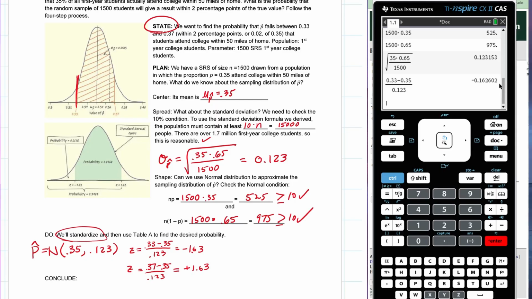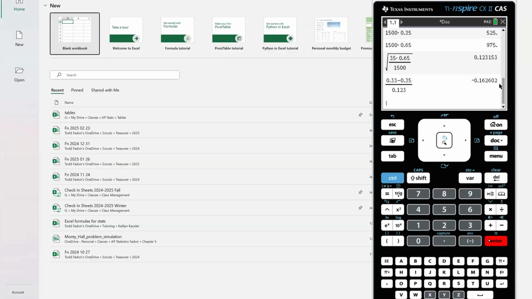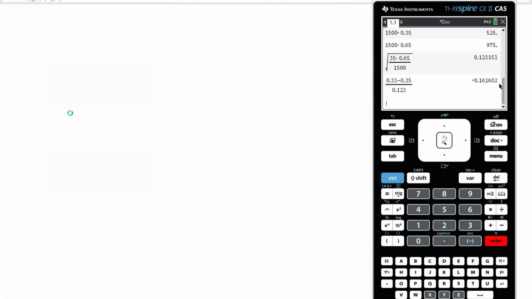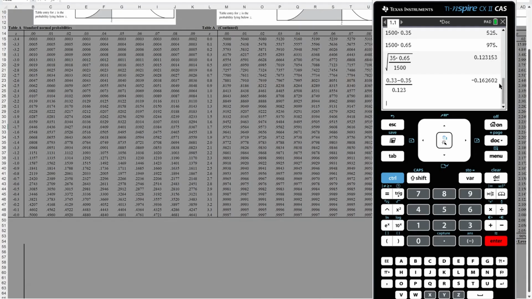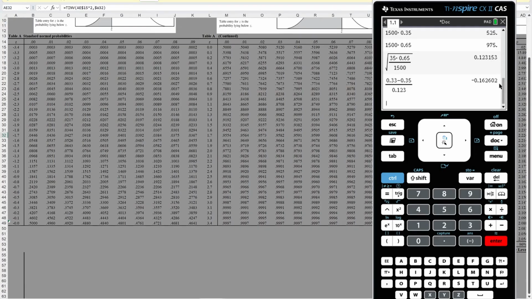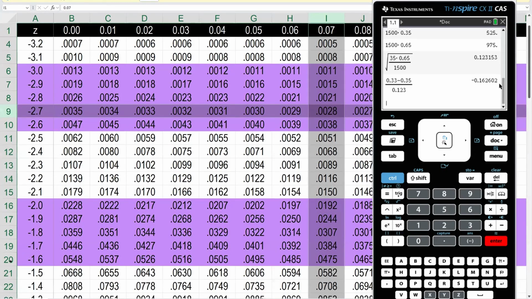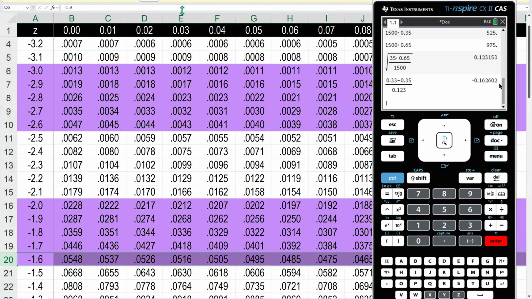If I go to my probability tables, go to my z table, negative 1.63.